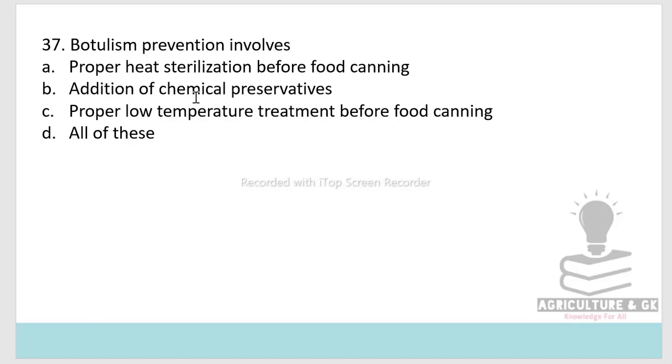We just discussed botulism is caused by Clostridium botulinum, and when we do canning, how do we kill it? Through heat sterilization that kills the Clostridium botulinum and hence prevents botulism. So if we do proper heat sterilization before food canning, we won't require anything else to prevent botulism. So our answer will be option A.